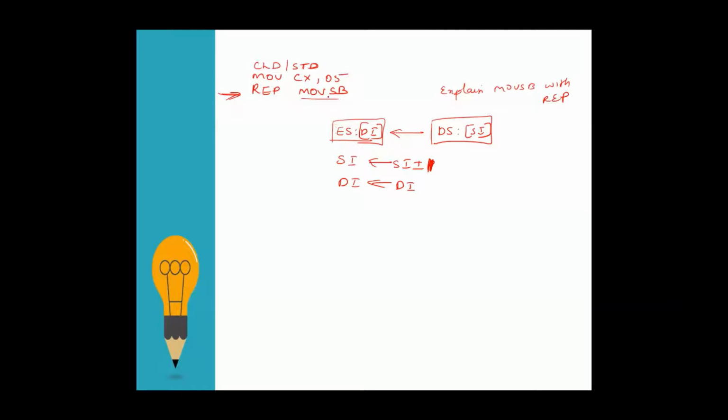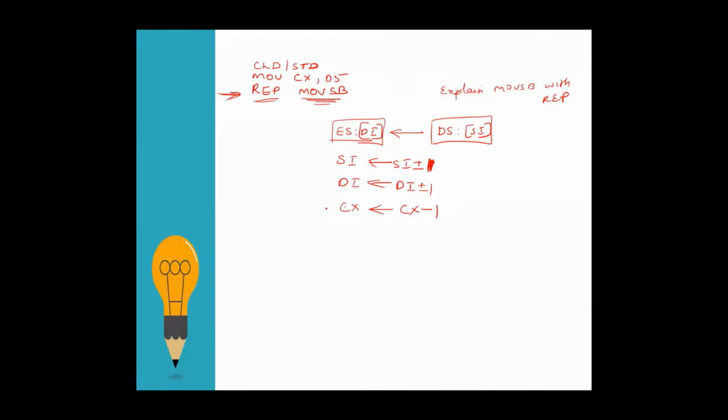So I told you, the move instruction not only transfers data, it also changes the address. So you have to mention about SI and DI. Now, it's not simply a move instruction. You have a REP prefix here. So what will you have to write as the next statement? How many times will this process get repeated?